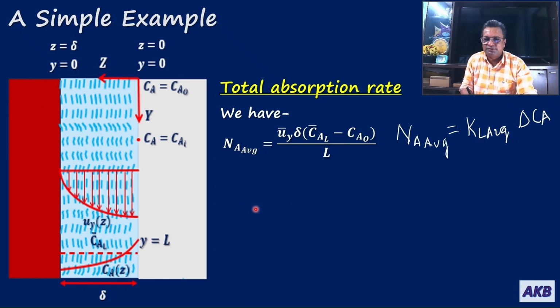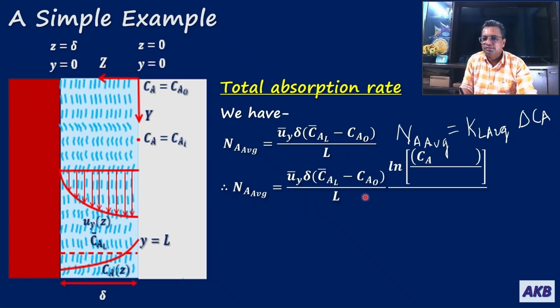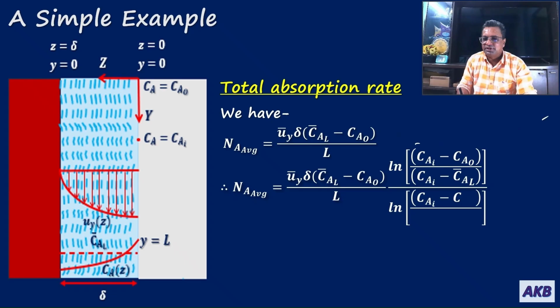So for that, I will multiply and divide this equation with a logarithmic term that is there in the definition of KL average, if you remember the equation for KL average.